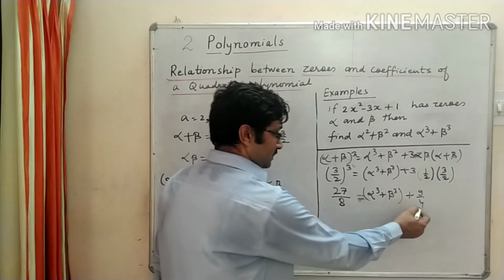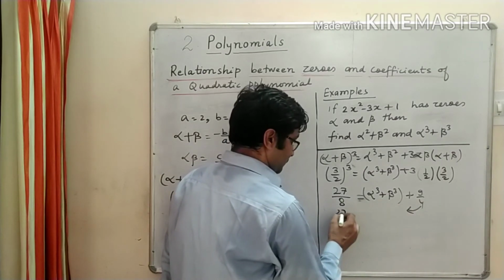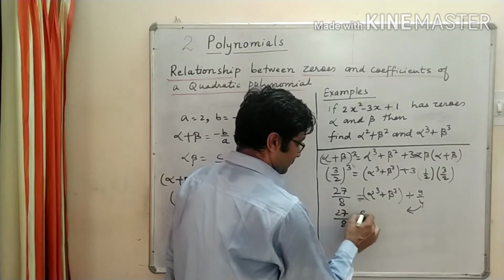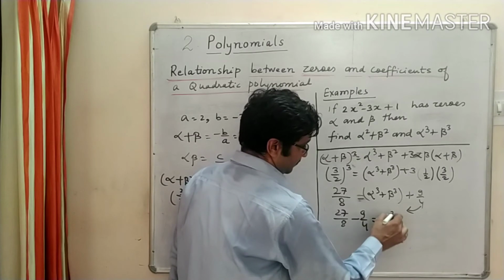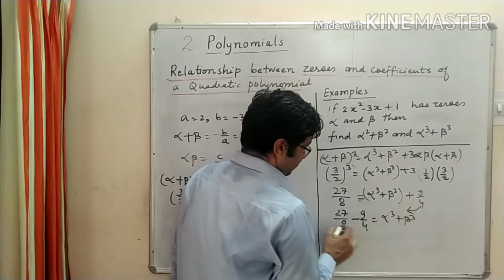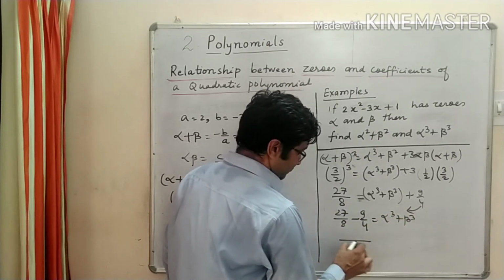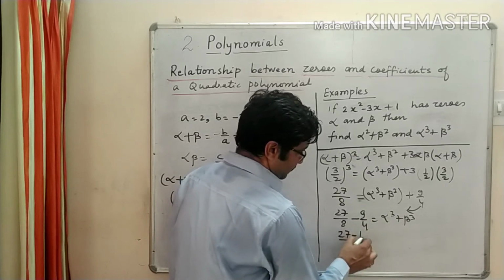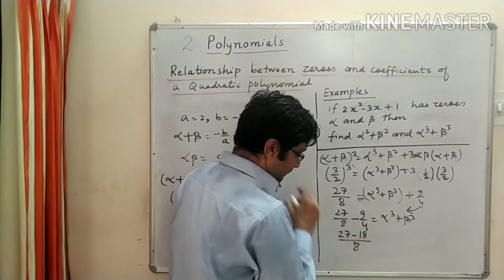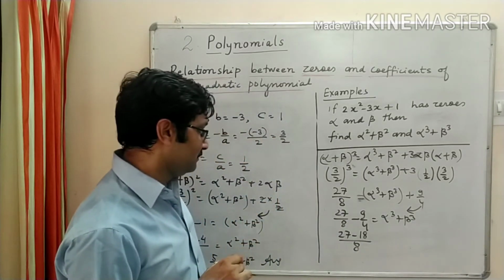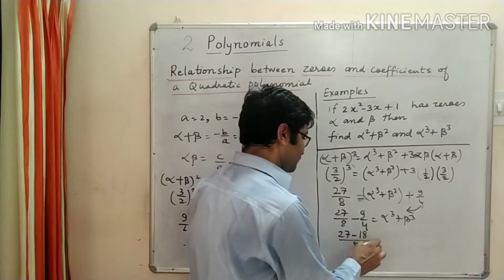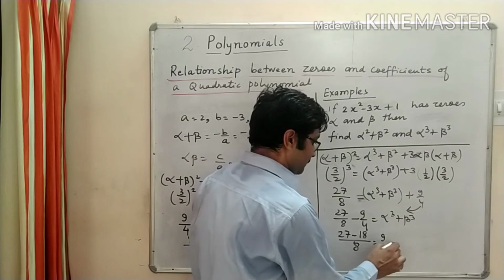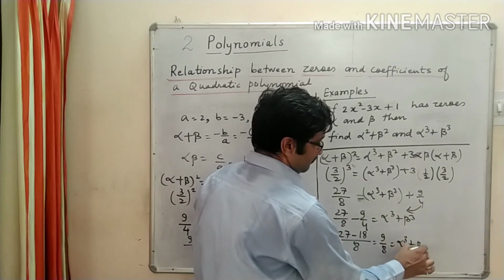So 9 by 4 you transfer to the left hand side, so 27 by 8 minus 9 by 4 equals alpha cube plus beta cube. You take LCM, LCM is 8, 27 minus 18, 27 minus 18 is 9, 9 by 8 you get as alpha cube plus beta cube.